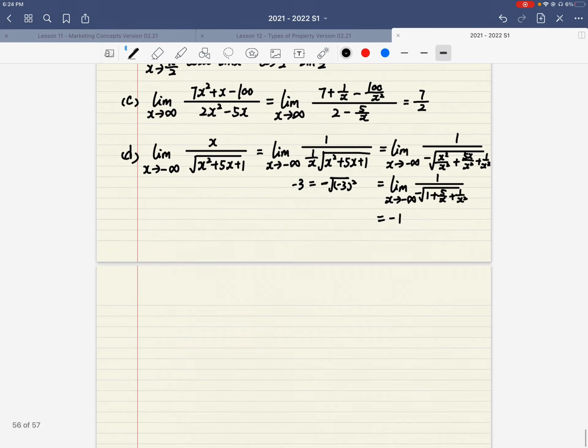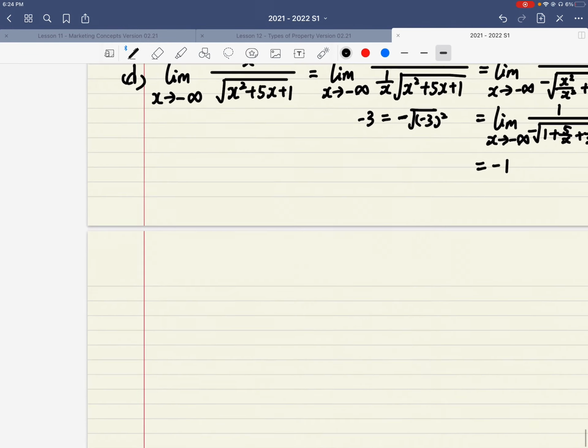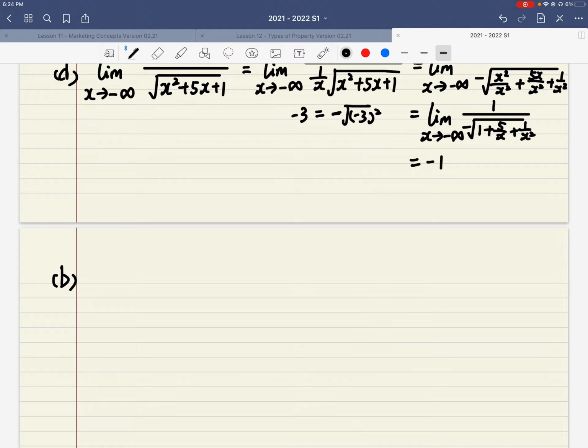Last question is question B. Why is question B last? Because for question B, we need to use the squeeze theorem. When x is approaching 0, x to the power 4 times cosine of 1 over x squared.